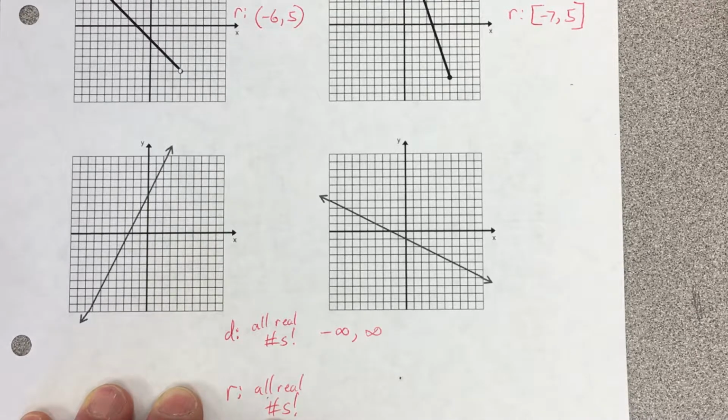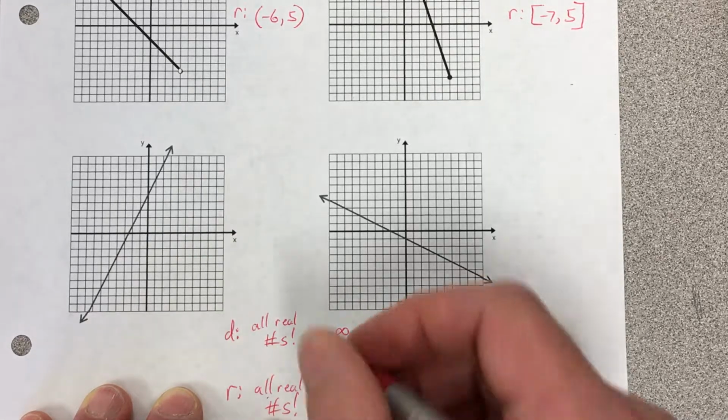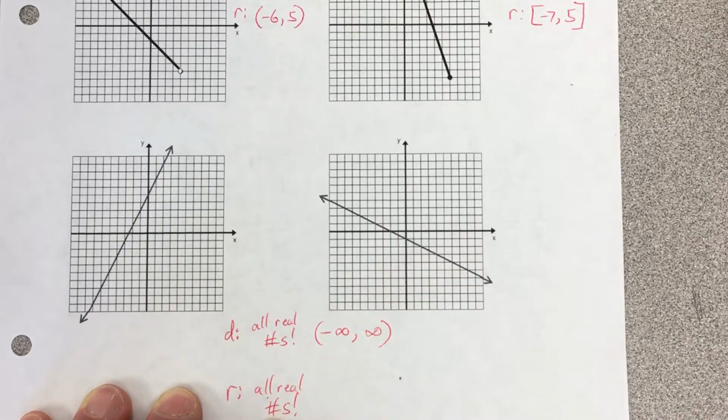And here's the interesting part. Do we put a bracket or do we put a parentheses? Well, because we can never actually get to infinity, at least this is my justification for it, because we can never actually place our pen on infinity, we use parentheses when we do all real numbers, negative infinity to infinity.